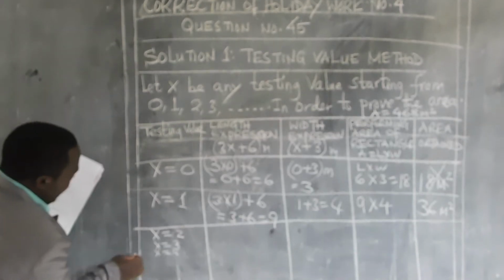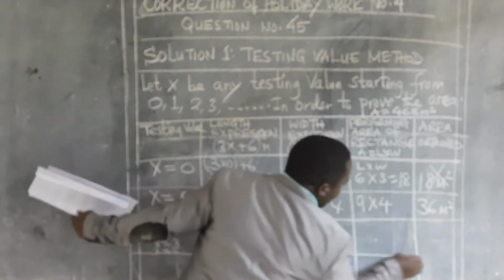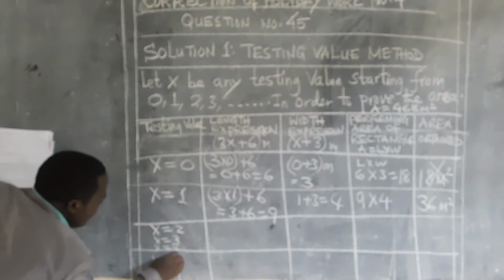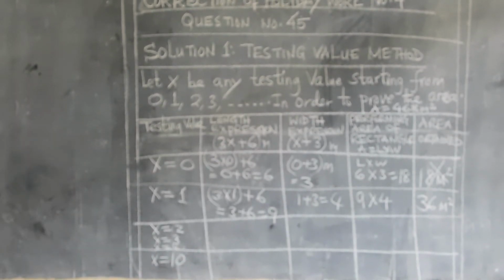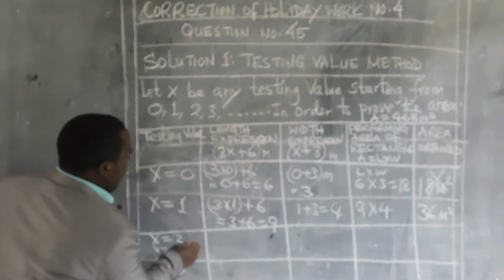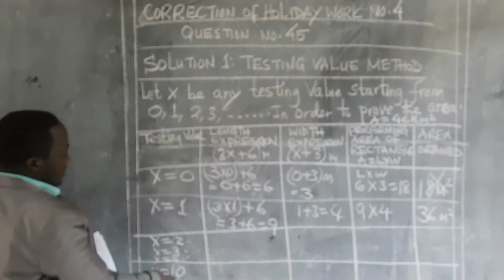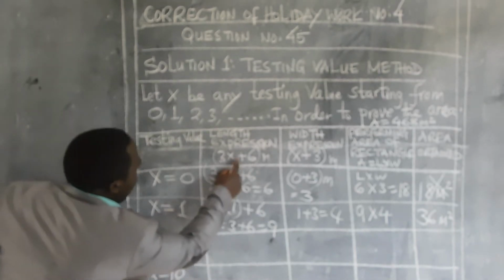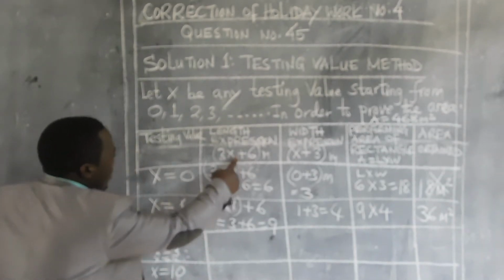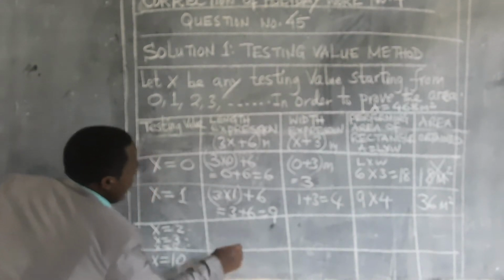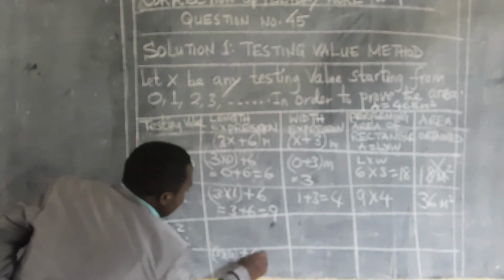But finally, you will discover that when we assign x equal to 10, this value proves that the value of x was 10, because as we perform the linear expression, you will have 3 times 10 plus 6.